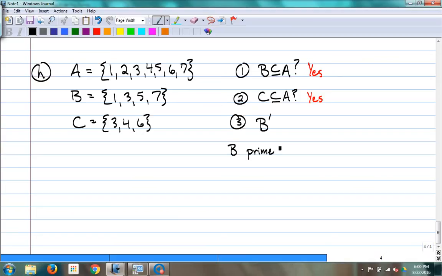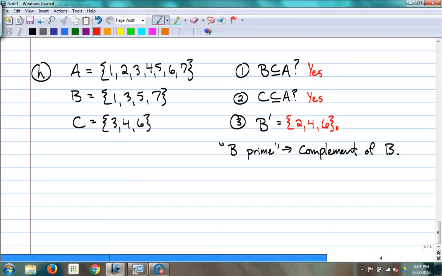B prime is how that's read, but what it means is the complement of B. So if B is 1, 3, 5, and 7, the complement of B would be the parts of the universal set that are not in B, which would be what parts? 2, 4, and 6.